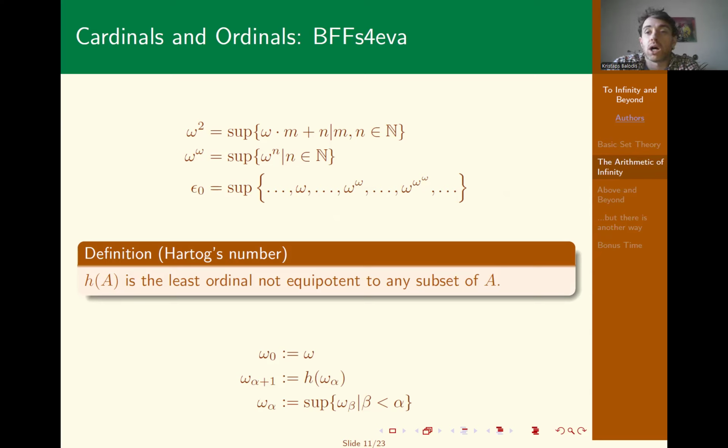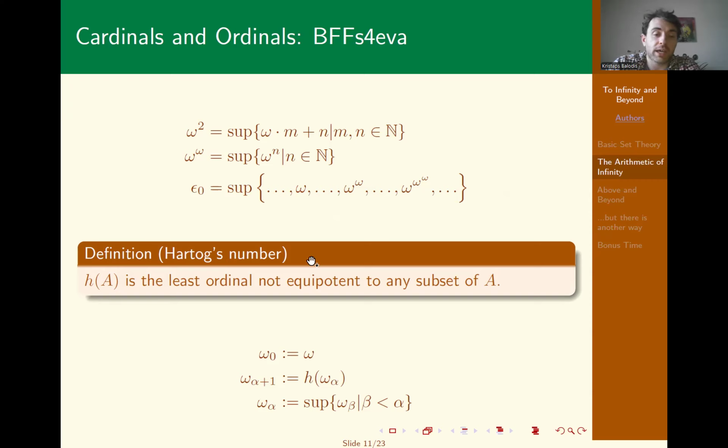We'll define omega naught to be omega. We'll define omega alpha plus one to be the Hartogs number of omega alpha.